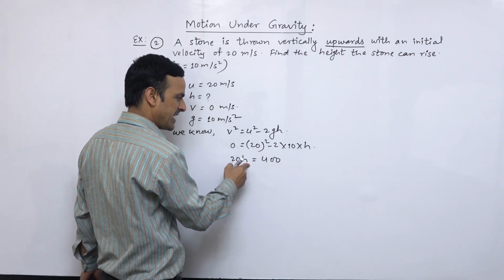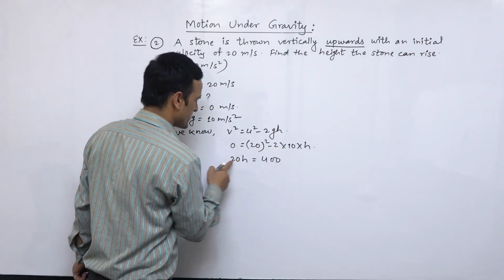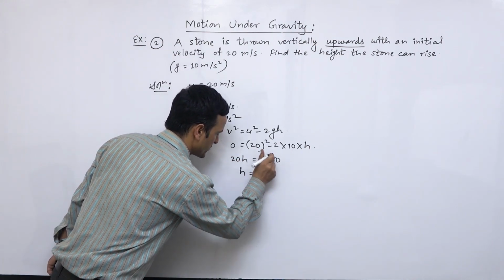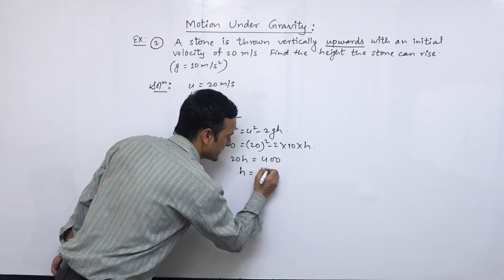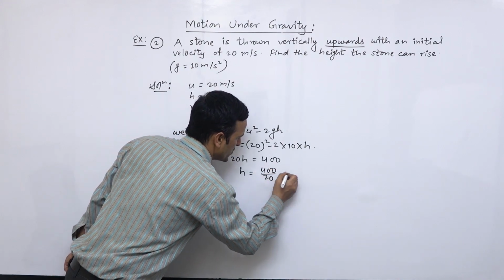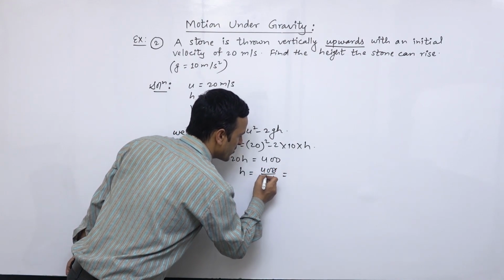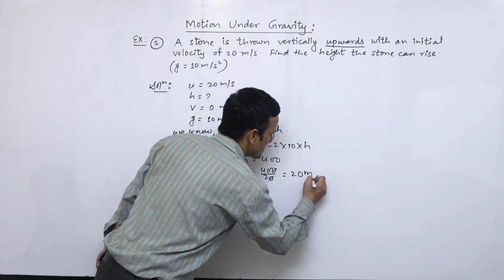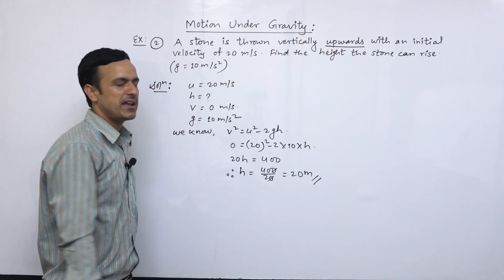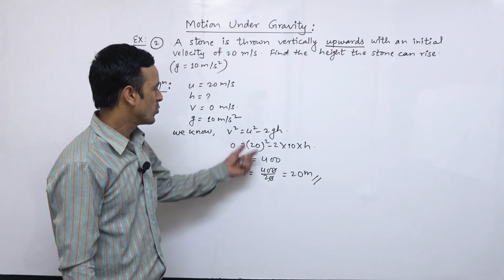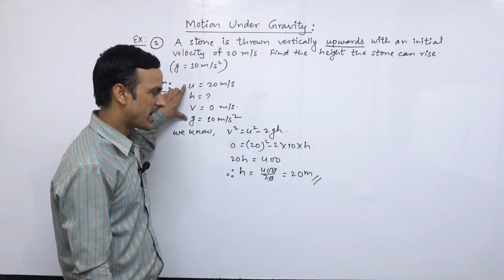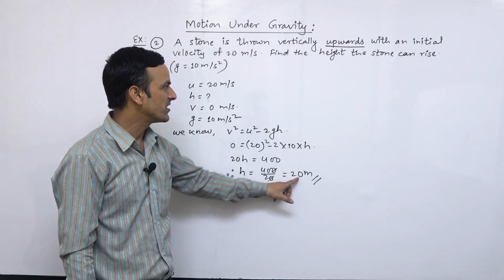This is 20h, and transpose to the other side and it will be 400, and h means 400 divided by 20. So 0 and 0 cut down, and 2 twenties are 40. So it is the maximum height attained by the stone. With the help of this formula and by using this provided information, we can find out the required result.